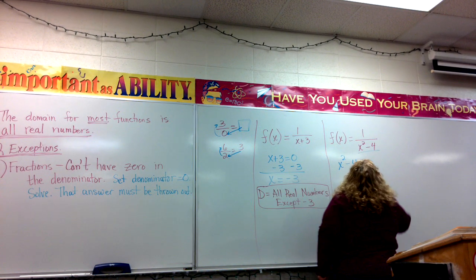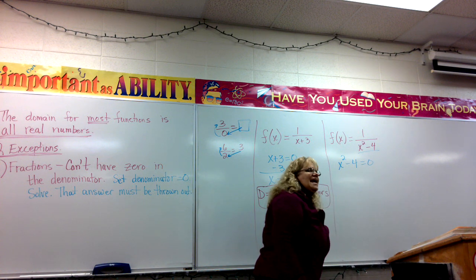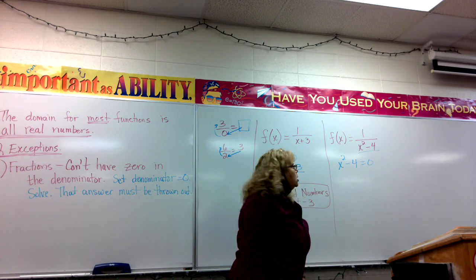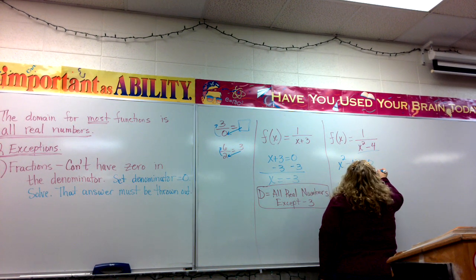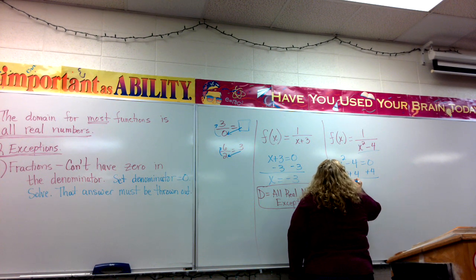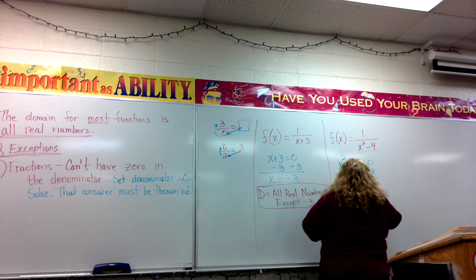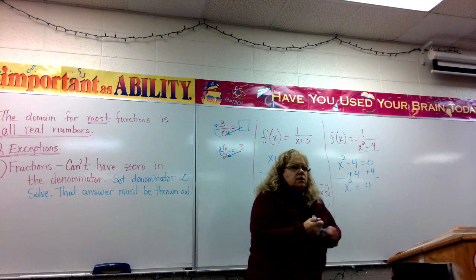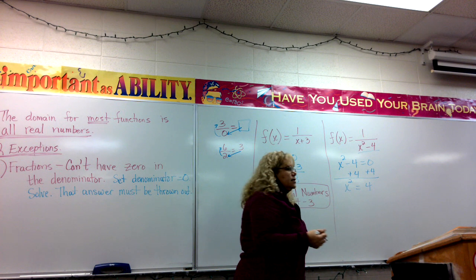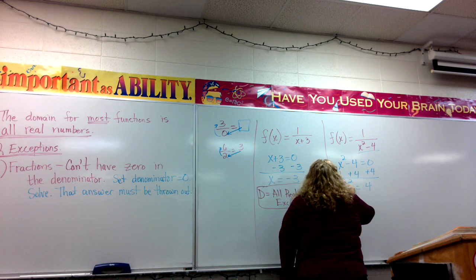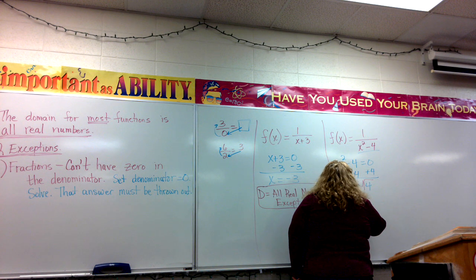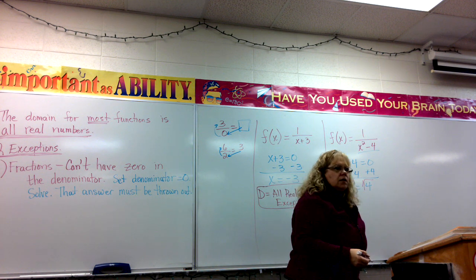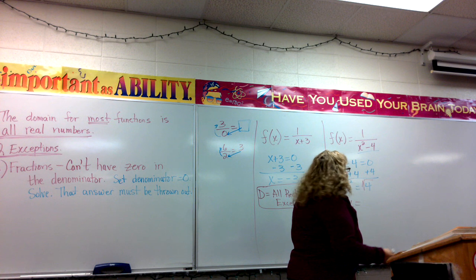Whatever's down there, set it equal to 0 and solve it. What are you going to do to solve this? Add 4 and then x squared equals 4. How do you get rid of a square? Square root, and I get x equals 2 or negative, right?